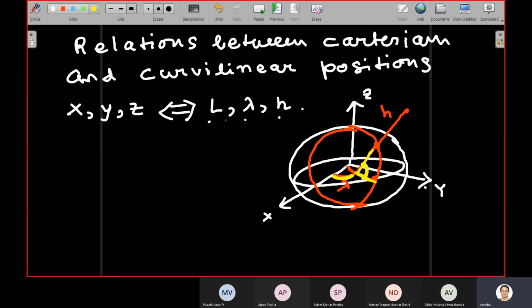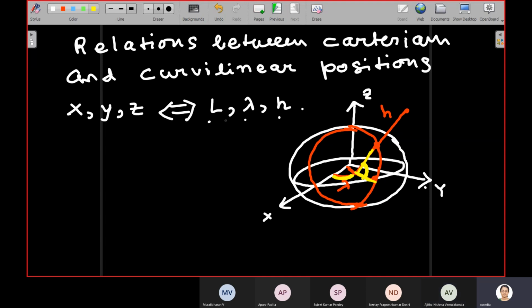Phi is the notation for geodetic latitude.